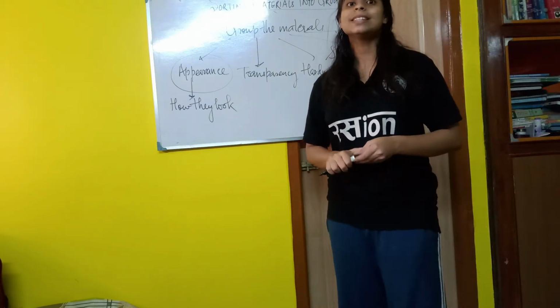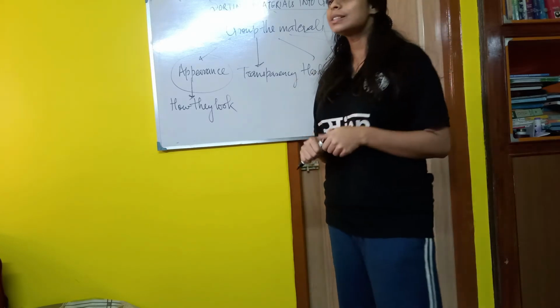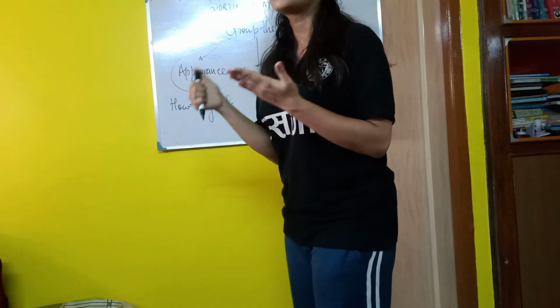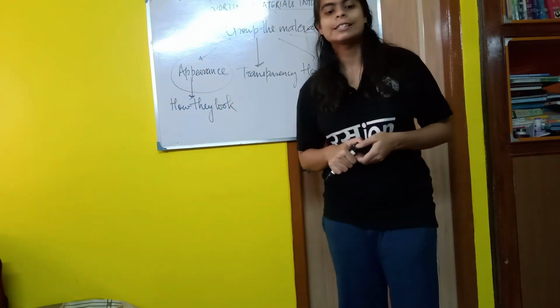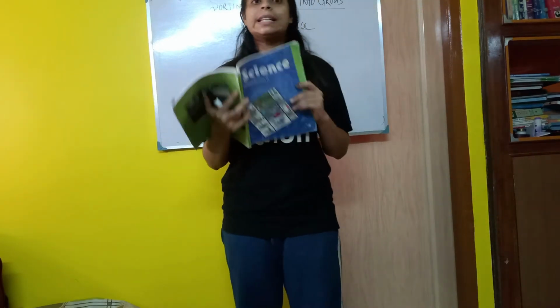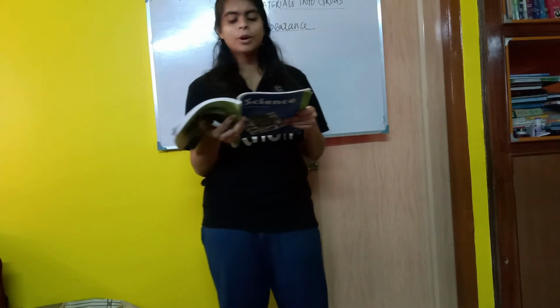What is that property? That is luster. What is lustrous? Lustrous means shiny. Whether the material is shining or it is not shiny. So let's see. Now see, appearance. Page number 28, NCERT. Materials usually look different from each other. Wood looks different from iron.